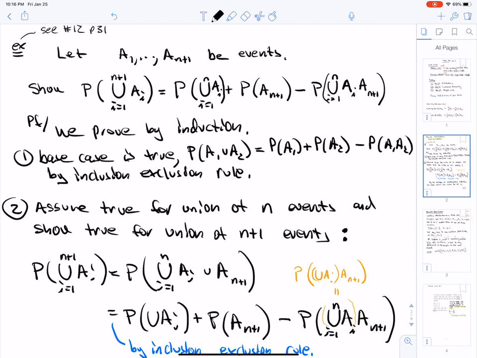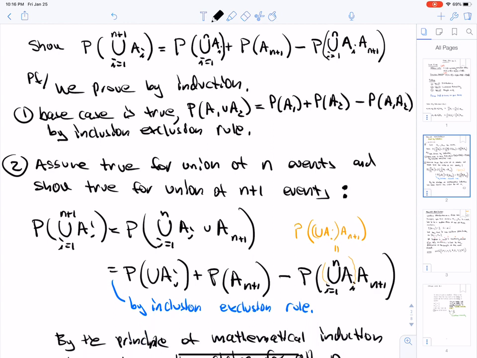We've just basically written the union in this way, and we saw above that we can do this. So now all that we're writing here is the probability of the union of two different events. One, however, is itself a union.